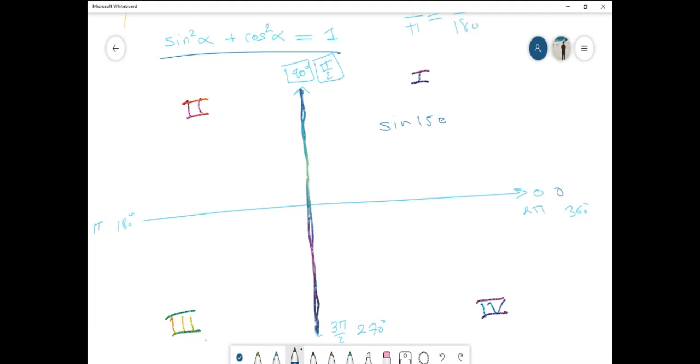Let's say we have sine 150. How can I convert this angle 150? Because in a triangle, we don't have an angle like 190, because in a triangle the summation of all angles is 180 degrees.